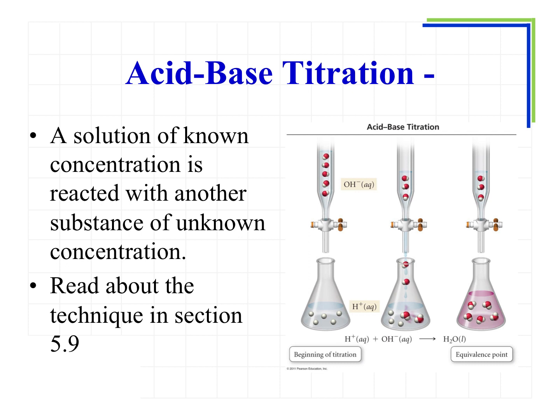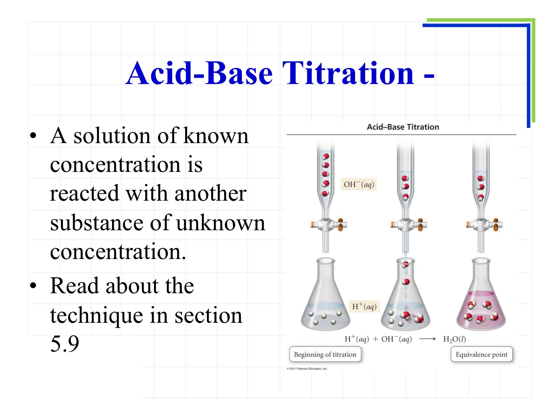So you can read more about titration technique in section 5.9 in your textbook. Basically, what we do in acid-base titration, we measure some specific volume of one of the solutions that we do not know the concentration of, and we do the titration.